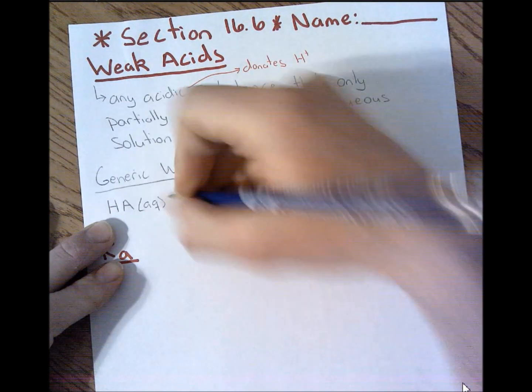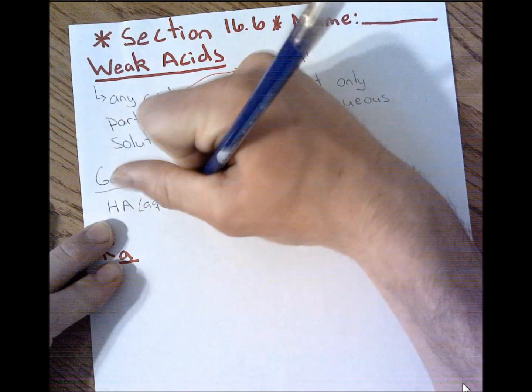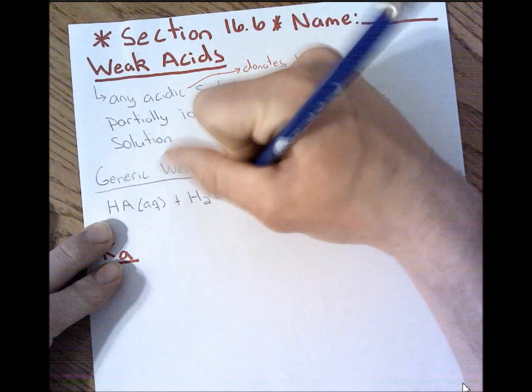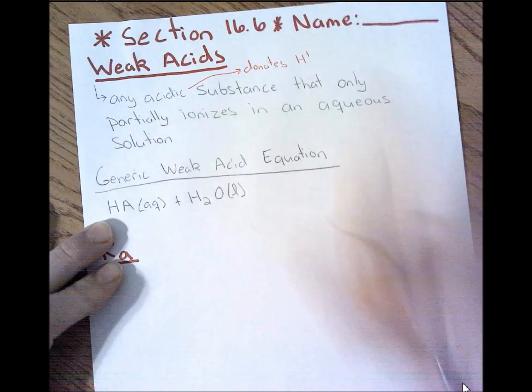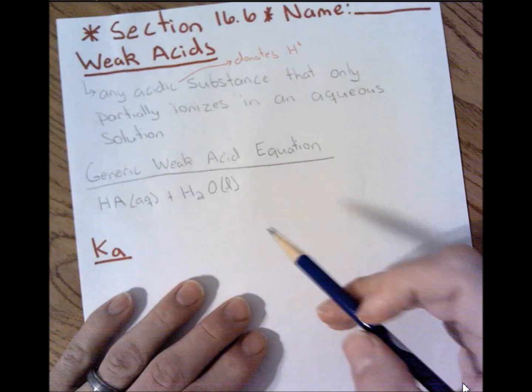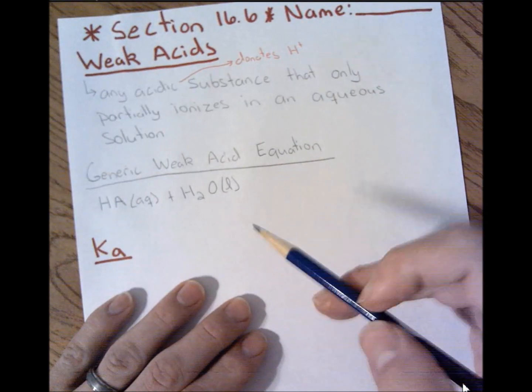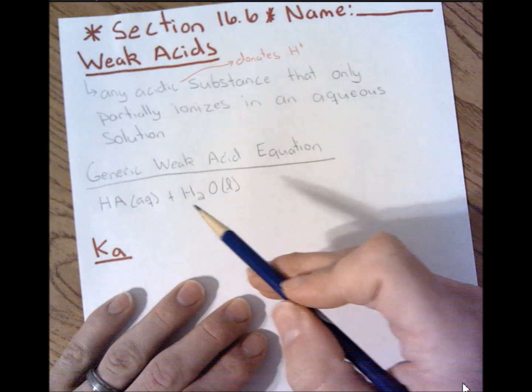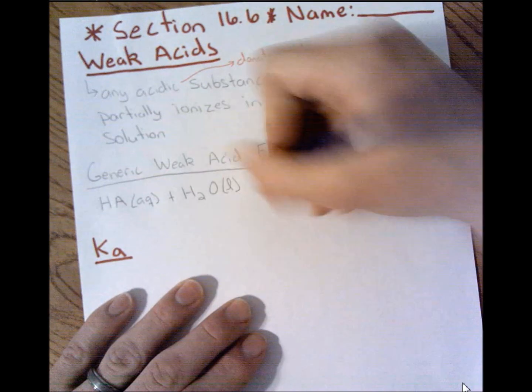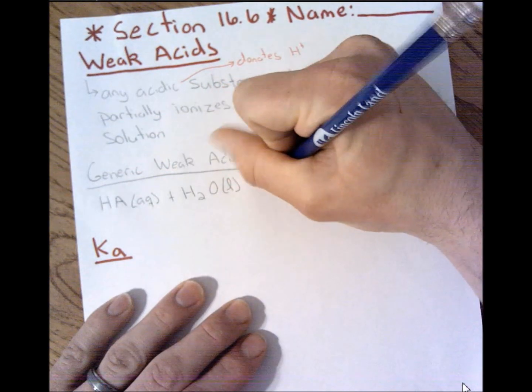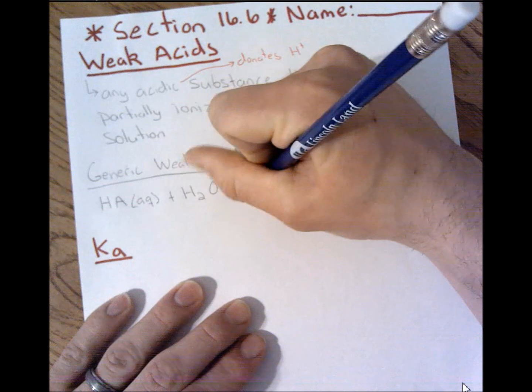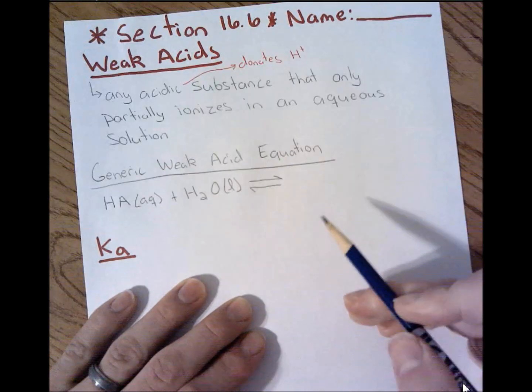Again, we have to show that it is dissolved in liquid water. Something different here, because it's only partially ionized, this doesn't get that one reaction arrow. This substance, a weak acid, actually comes to equilibrium.